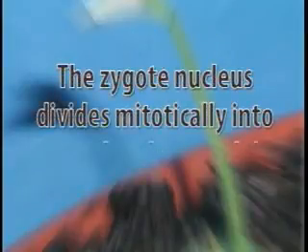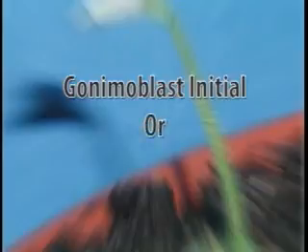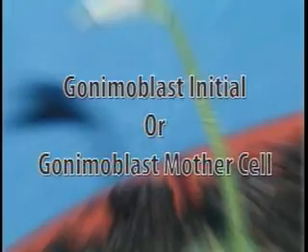The zygote nucleus divides mitotically into 2 daughter nuclei, of which one goes into the lateral outgrowth arising from the auxiliary cell. Soon this lateral outgrowth becomes constricted due to the development of a septum and is known as gonimoblast initial or gonimoblast mother cell.